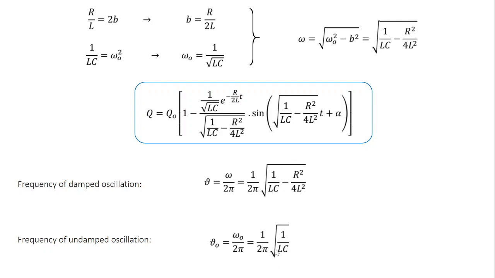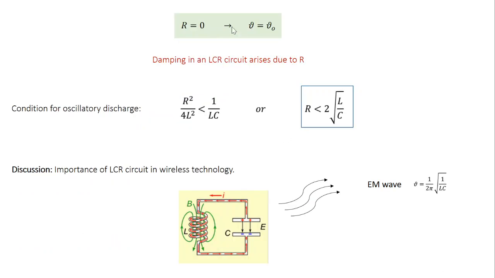If you compare these two equations, you can clearly see the role of the resistor. In the damped oscillator, when the resistance R equal to 0, it gets converted into an undamped oscillator. That's why I said the damping in an LCR circuit comes from the external resistance R. So when R equal to 0, nu equal to nu naught.